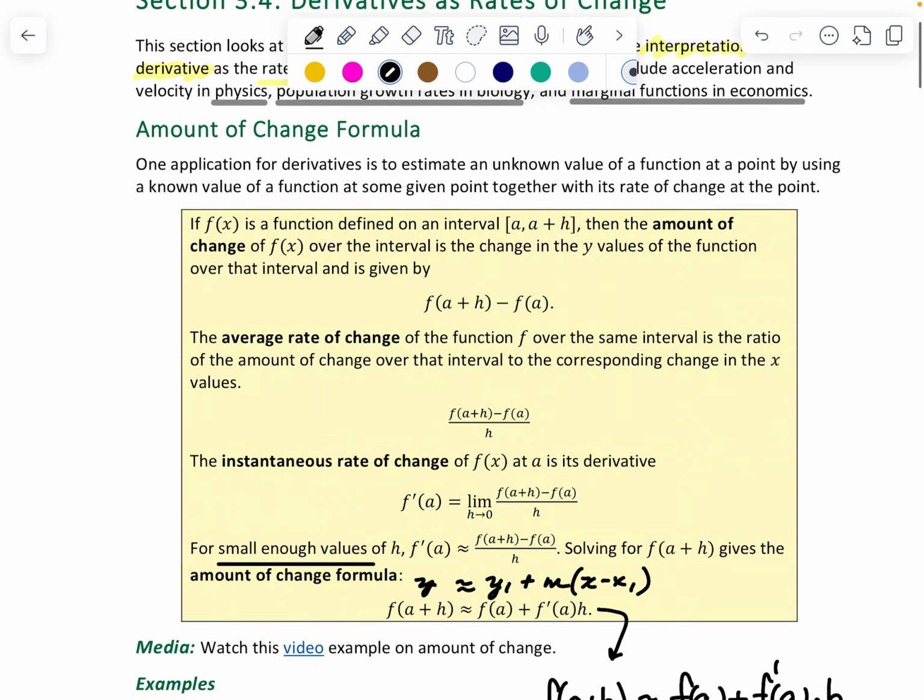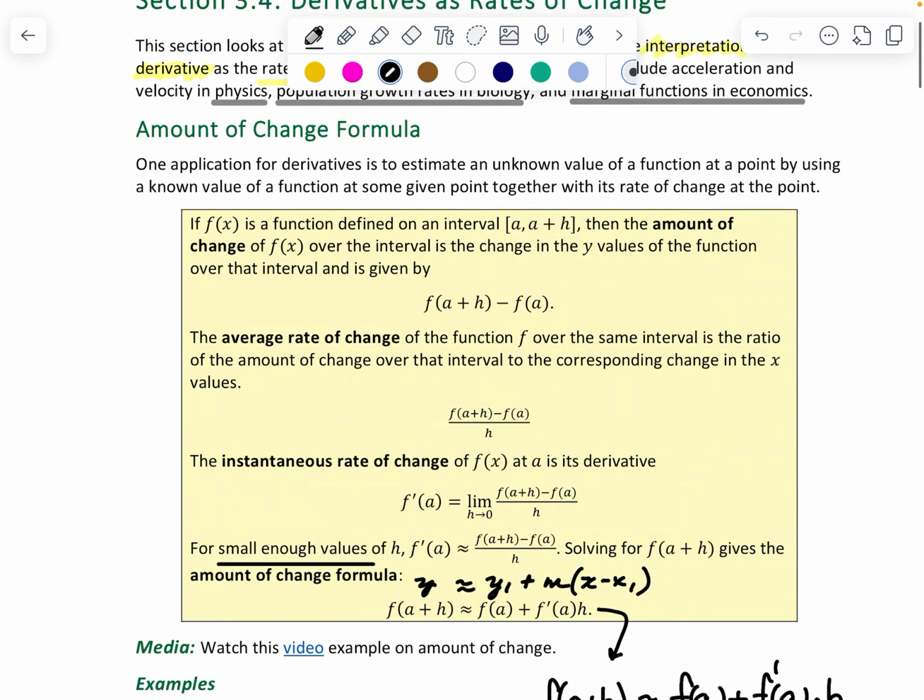Okay, so the first example here, we're talking about the things that we'll discuss. The amount of change over an interval is just f of a plus h minus f of a. So that was the amount of change in f of x. Now we have the average rate of change, which is going to be this next one.